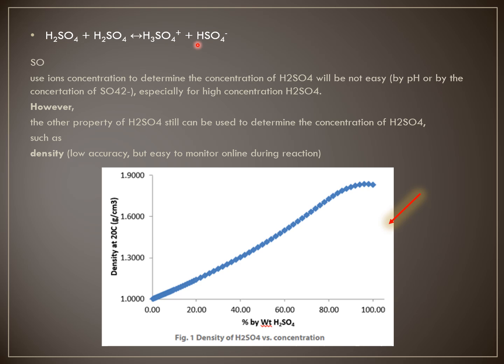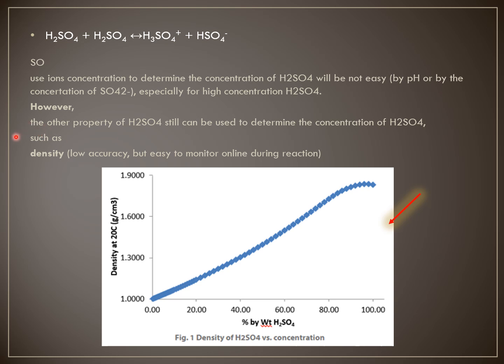The ionization of sulfuric acid is too complicated for us to use pH value to determine its concentration. But that doesn't mean that if pH value cannot be used, we don't have other methods to determine it. We have quite several methods that can determine the concentration of sulfuric acid in a very easy way.